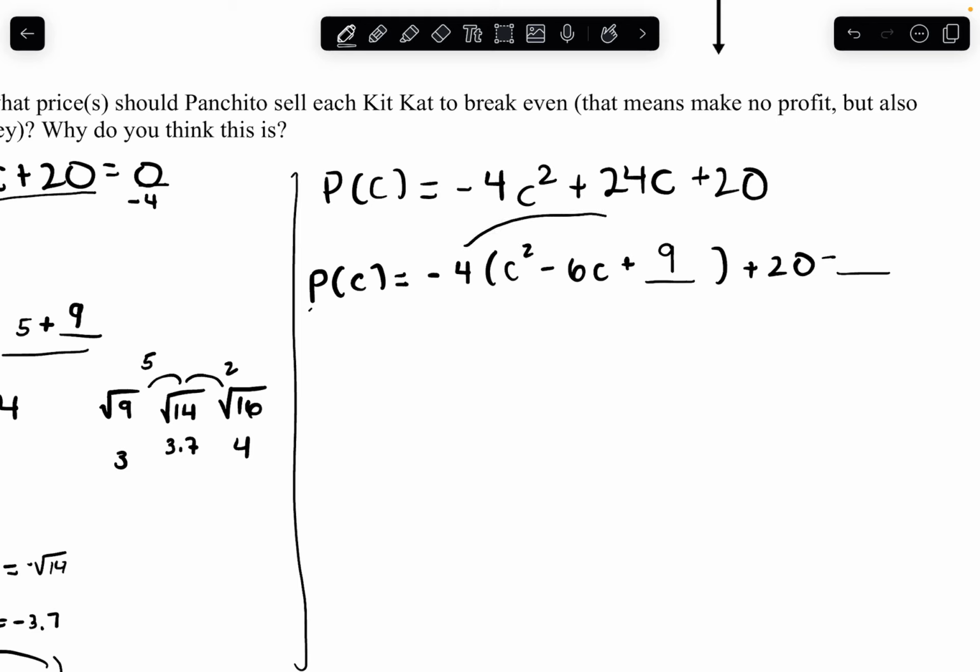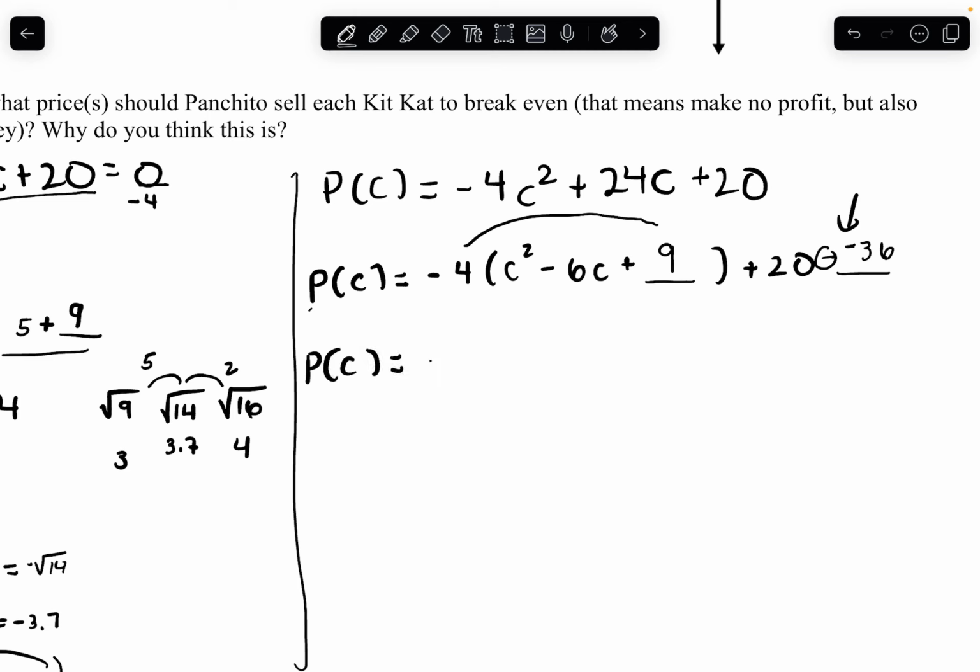And we didn't just add 9, we added 9 times -4, so we have to subtract the -36. Do not screw up the double negative. This one will always be subtract, and if the number is negative, then you're subtracting a negative. If it's positive, then you're subtracting a positive.